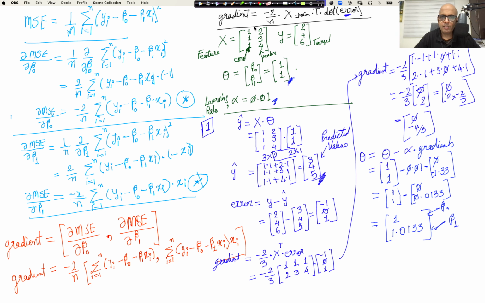So as a next step, the idea is to take these values of beta 0 and beta 1 and use them in here and perform the entire calculation again, get the new value of theta, and repeat the entire process. That is how we can update the values of theta to update the predicted values to get the final answer.